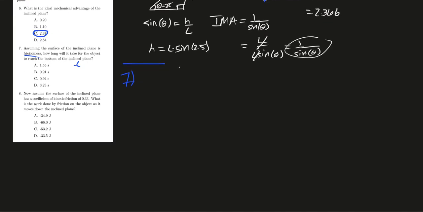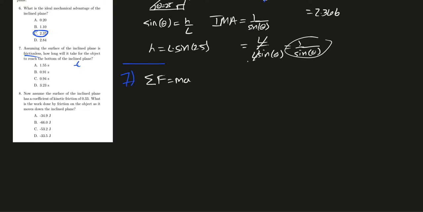And to use kinematics, let's first think about forces. And what can we use about forces? Well, we can use Newton's second law, which is sigma F is equal to ma. So this net force is equal to mass times acceleration.